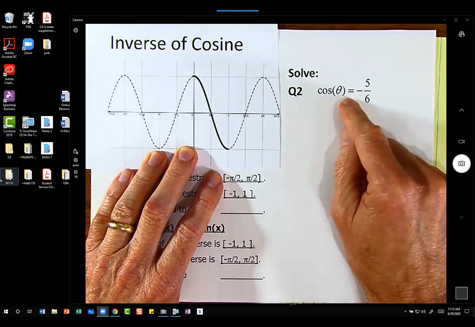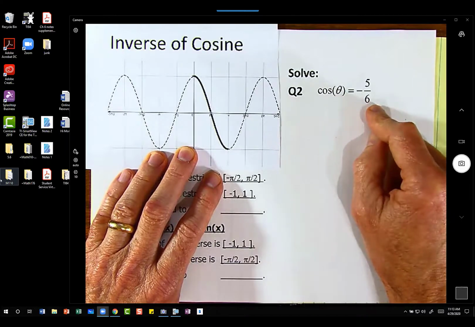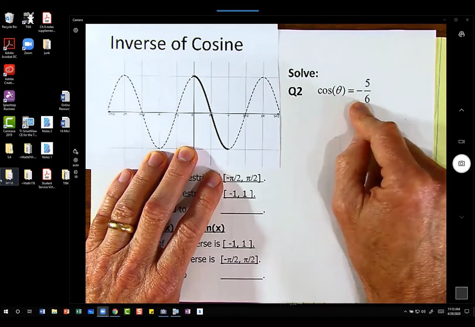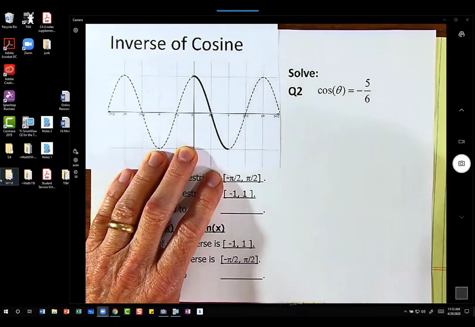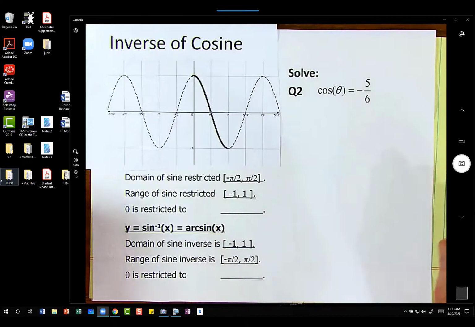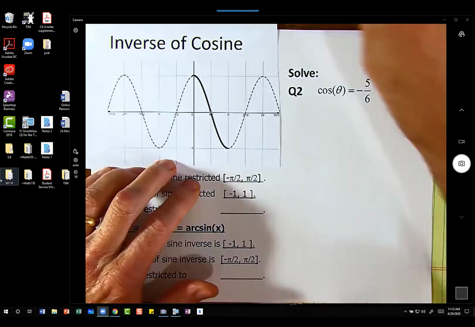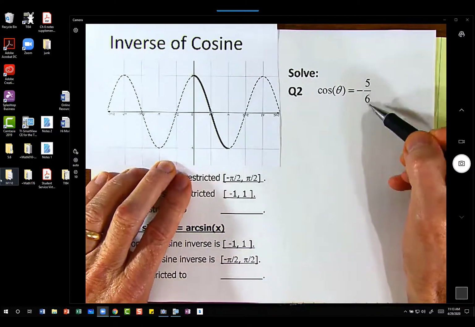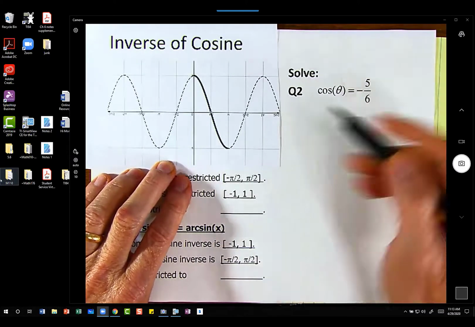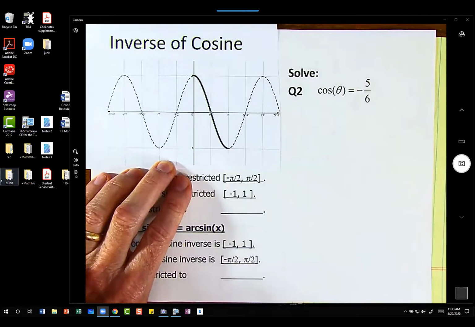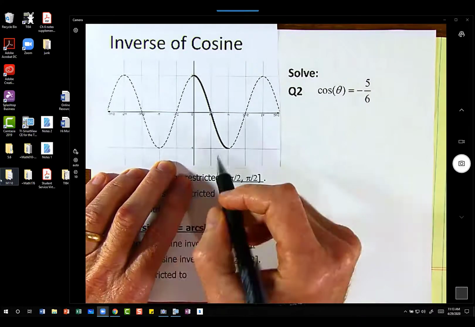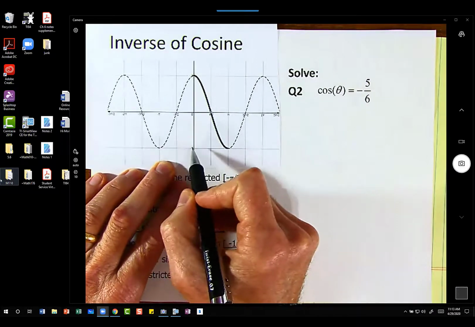Cosine equals negative 5 pi sixths. This has infinite answers, because if we look at negative 5 pi sixths, well, it is negative 0.83. So here's negative 1.